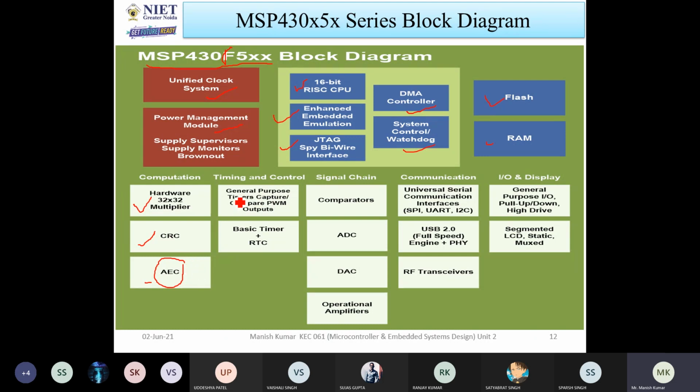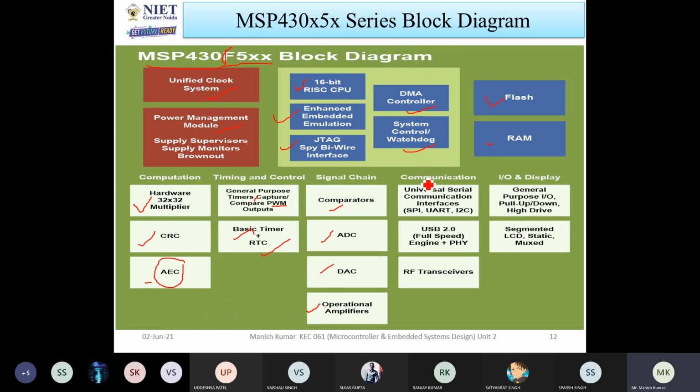It also has general purpose registers, timers, and timers having different modes like capture modes, PWM output modes, like that. In this block diagram there are also basic timers and RTC. Comparator is there, ADC, DAC is available. Operational amplifier is also available.